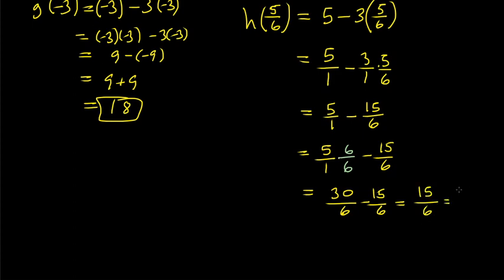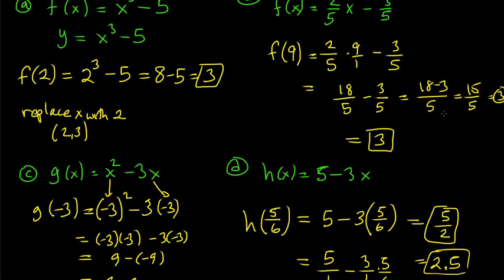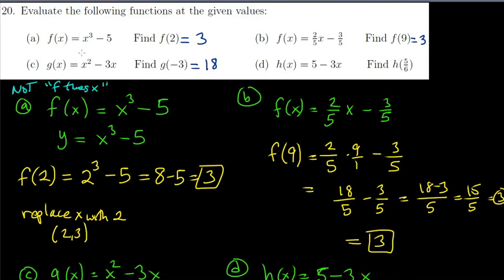Or better yet, 15 is 3 times 5, 6 is 3 times 2, the 3s cancel, and you're left with 5 over 2. So after all that, the answer is 5 over 2, or 2.5 if you're prone to using decimals, but I prefer 5 over 2. I'll just write 5 over 2 for part D.